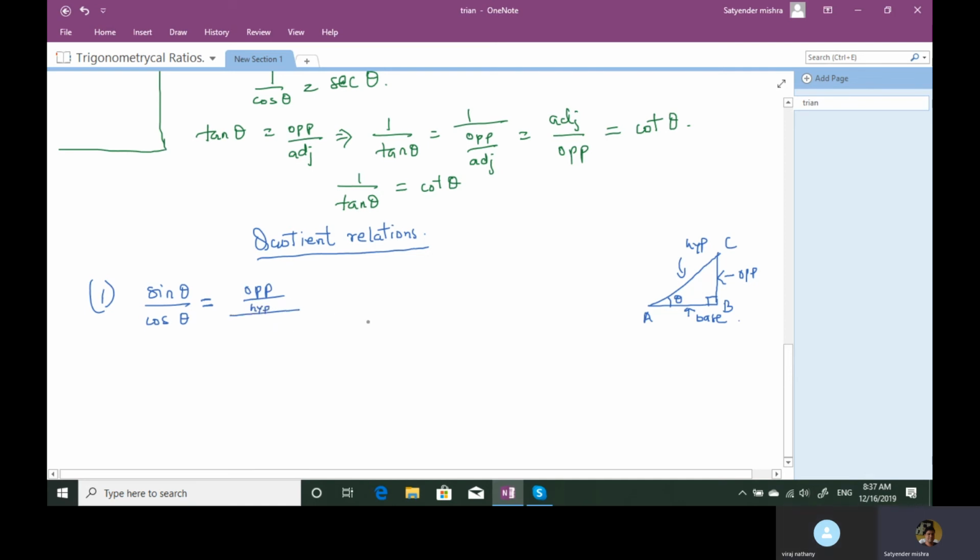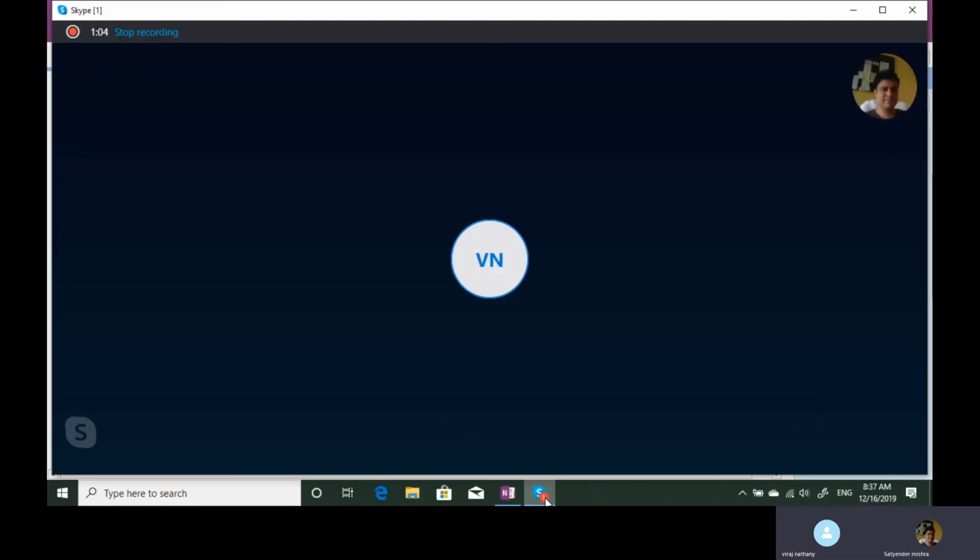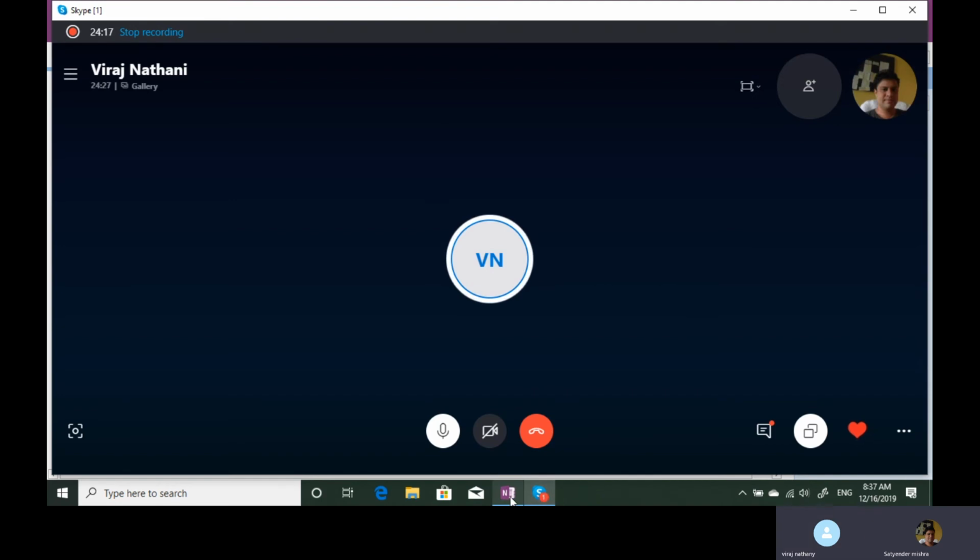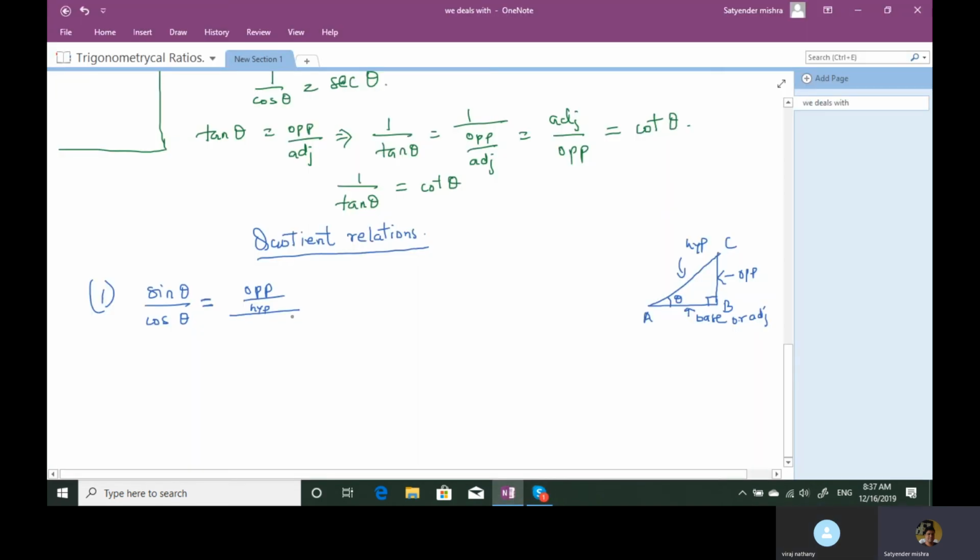Cos theta is base or adjacent, adjacent by hypotenuse.